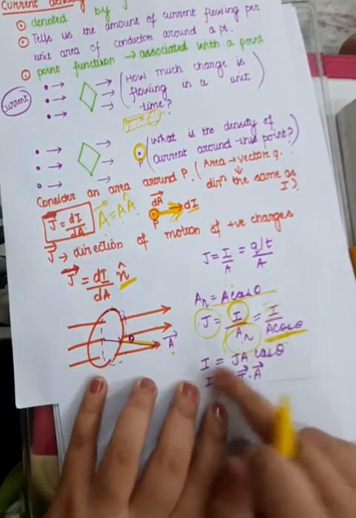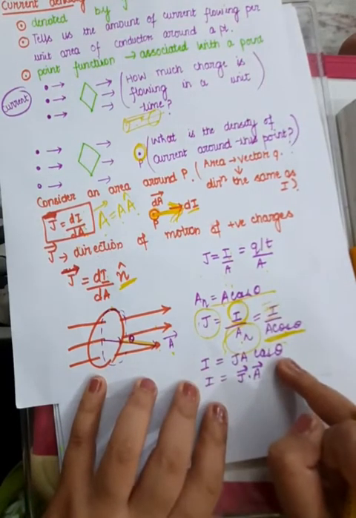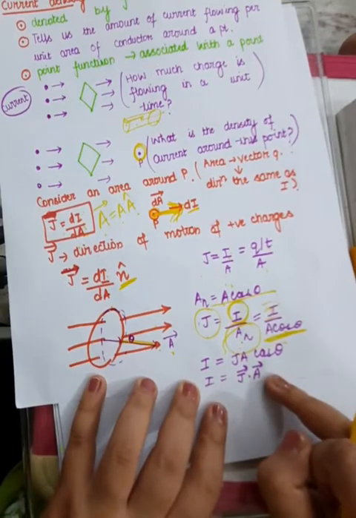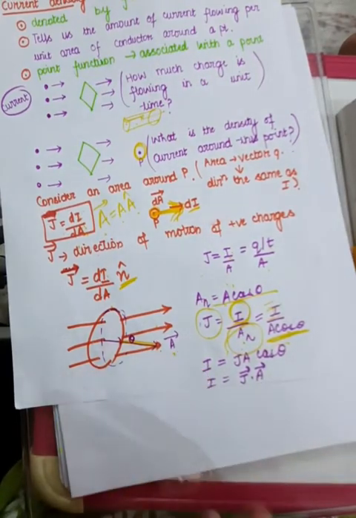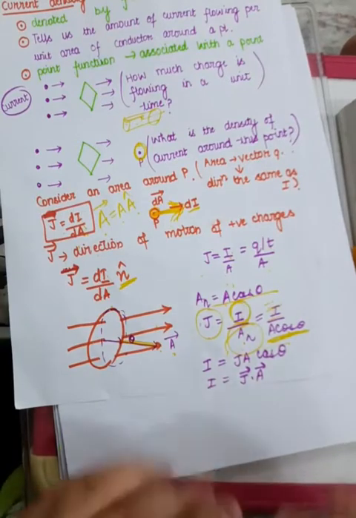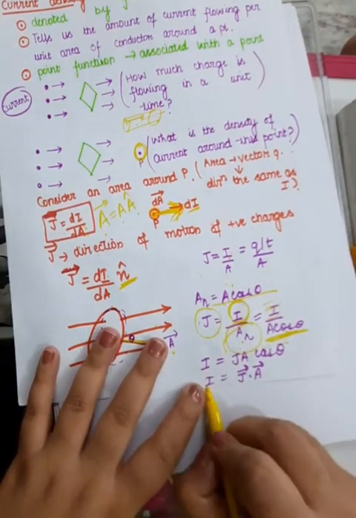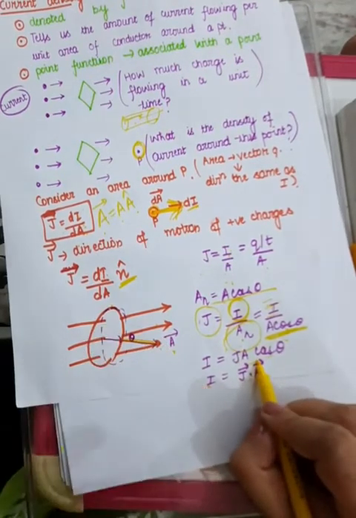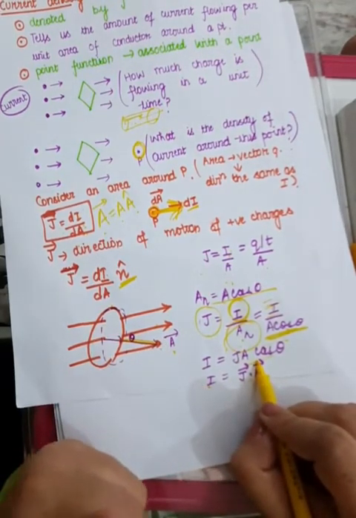Current I will be equal to J A cos theta, and current will be equal to J vector dot A vector. Because current density is a vector quantity and area is a vector quantity, the current is the dot product of both of them. This is otherwise also the expression for the dot product of two vectors.